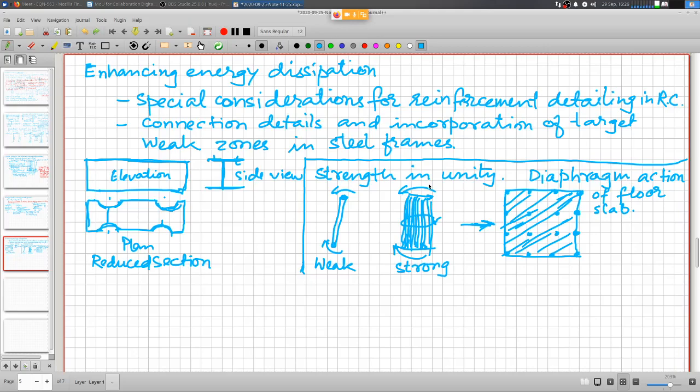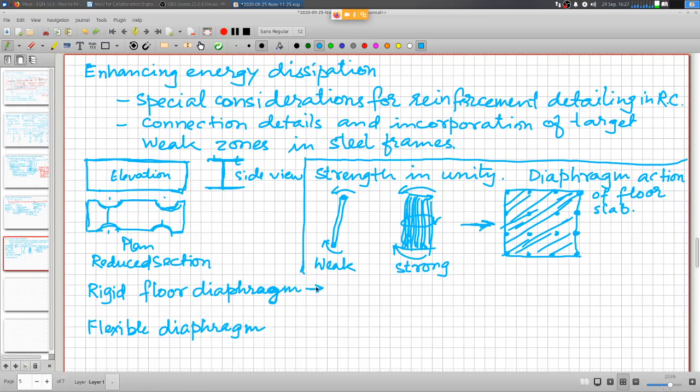So there are two kinds of diaphragm that we can have, depending on the material and the style of construction. One is what I just described to you, the rigid floor diaphragm. And the second one is the flexible diaphragm.